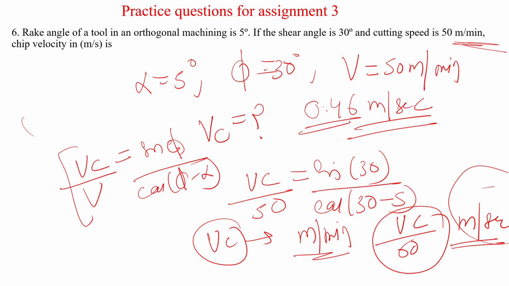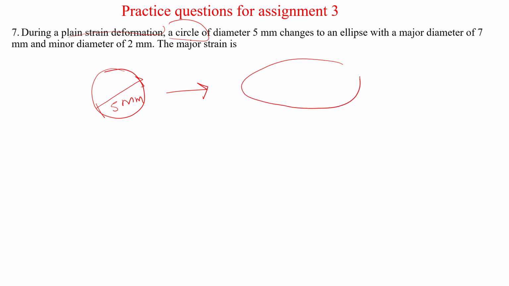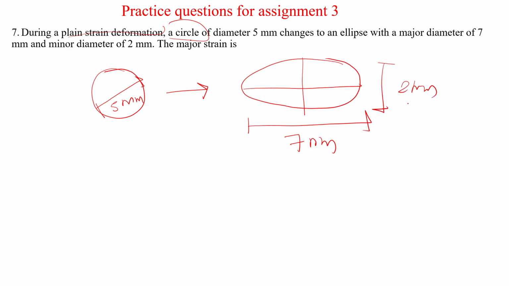Yes, sir. Okay. Now the next question is: during a plane strain deformation, a circle which has a diameter of 5 mm changes to an ellipse. We have seen this, which has a major diameter of 7 mm and a smaller minor diameter of 2 mm.